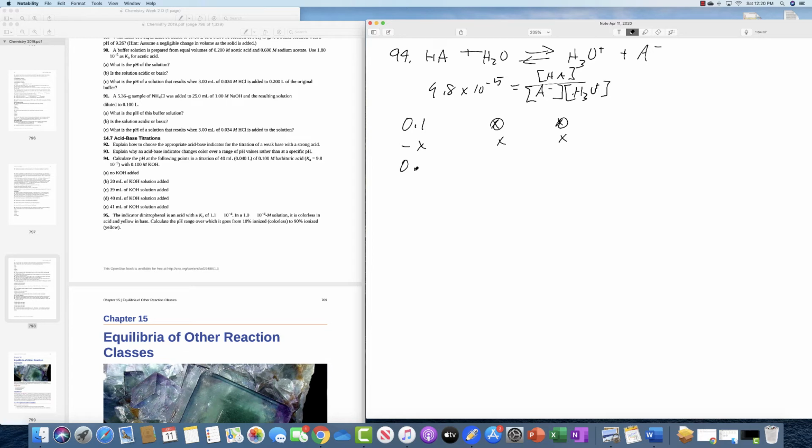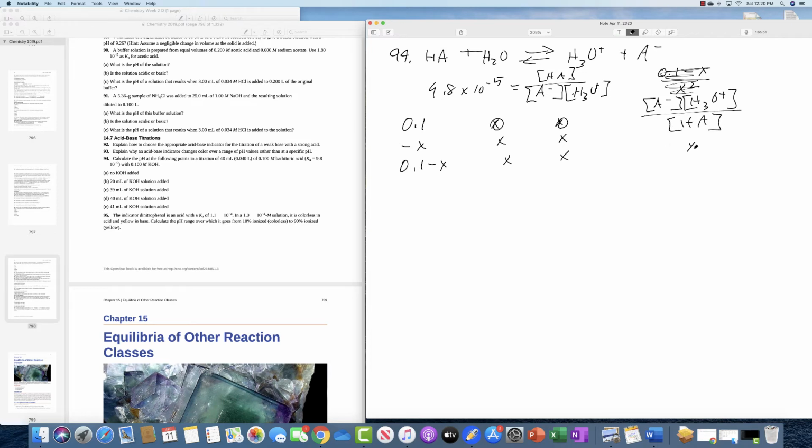So you have 0.1 minus X, X, and X. So that X squared divided by 0.1 minus X. I got this backwards, I'm sorry. What a goober. So let me get this right here.